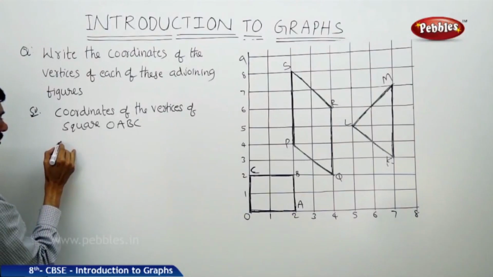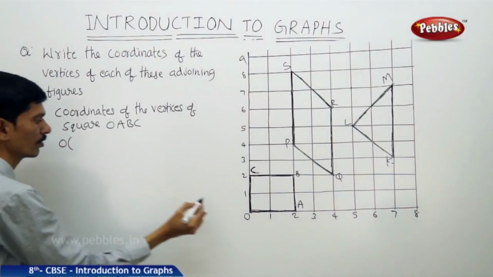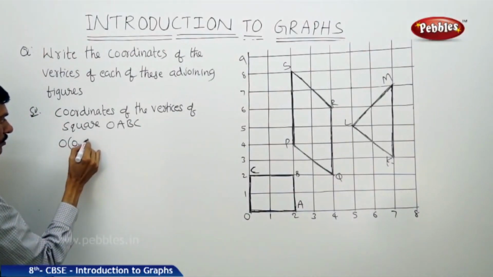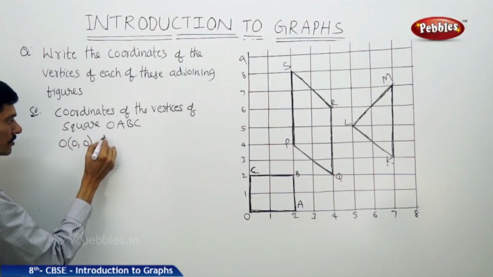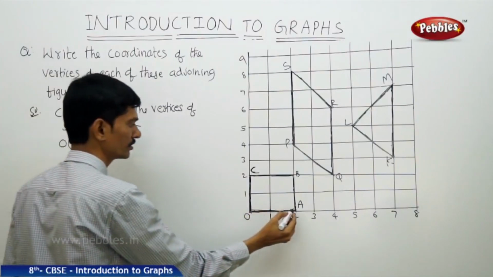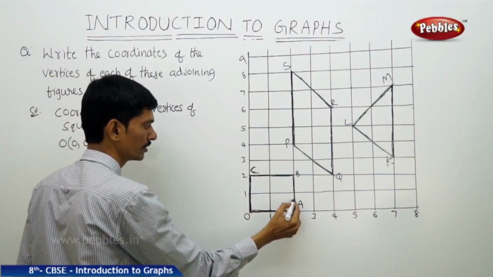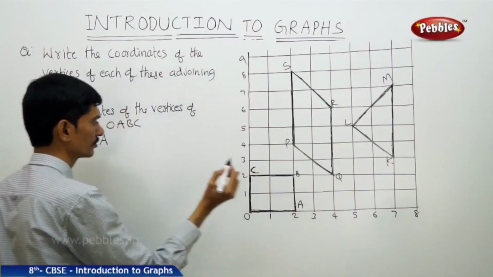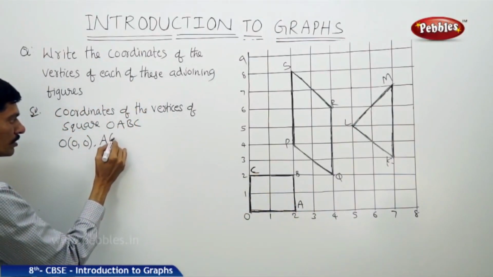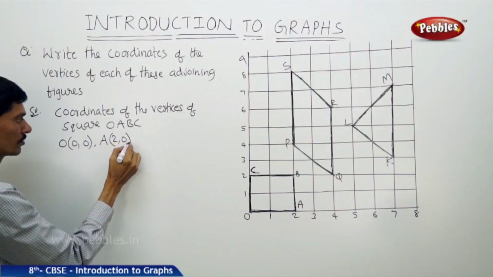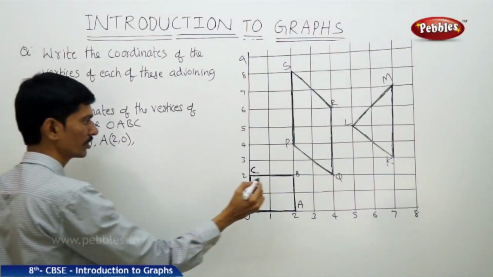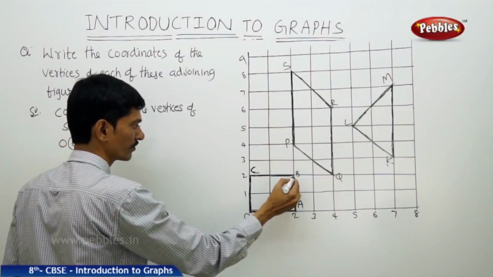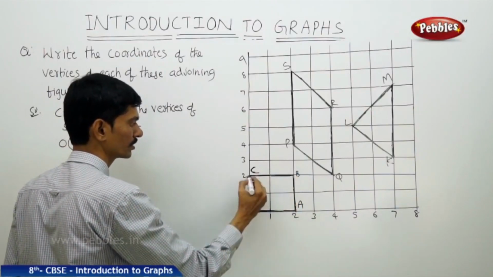Now the first vertex O is the origin, so its coordinates are (0, 0). Then the second vertex A, its x coordinate is 2 and it is lying on the x-axis, so its y coordinate is 0. So its coordinates are (2, 0). Then the third vertex is B, on the vertical line 2 and the horizontal line also 2.